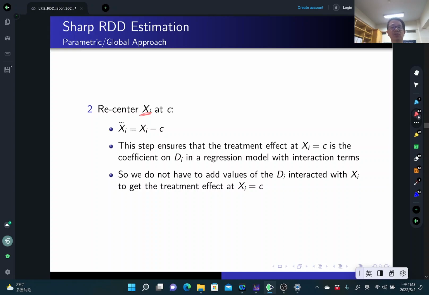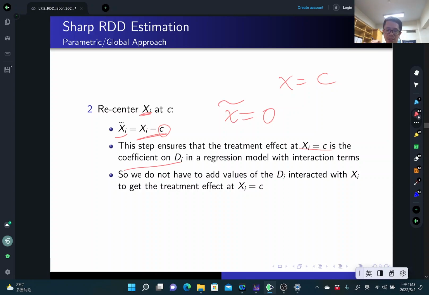We usually recenter x to the cutoff, so our regressor is actually x delta. This step ensures the treatment effect at the cutoff can be directly represented by the coefficient on the treatment dummy, because all other terms become 0 when x is equal to c.